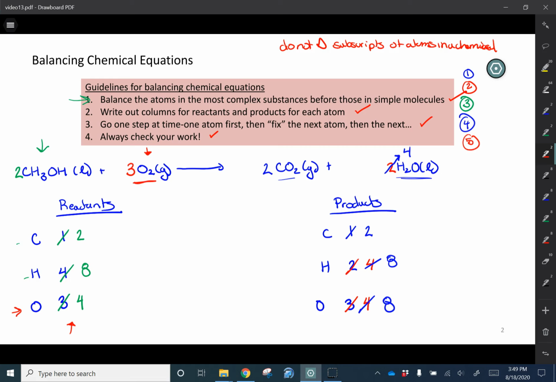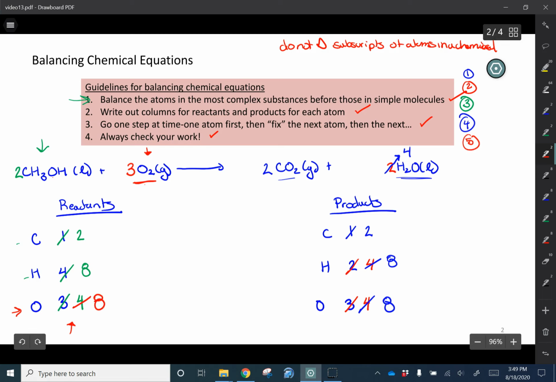So 3 times 2 is 6, because I have 3 moles of O2, and each mole of O2 has 2 moles of oxygen. So then that means I have 6 from here, 2 from here, that's 8.